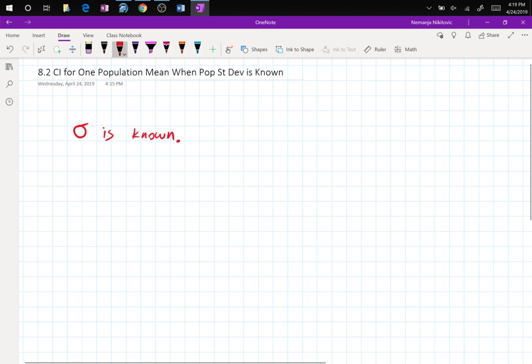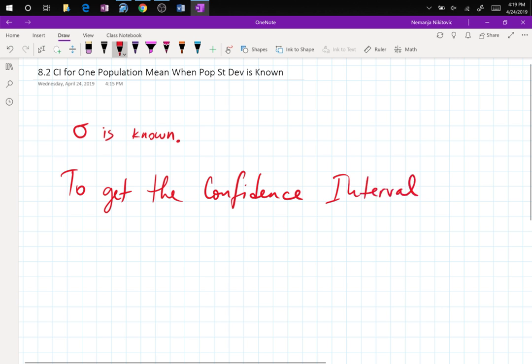So step one, to get the confidence interval, called CI, at confidence level alpha, we do this.